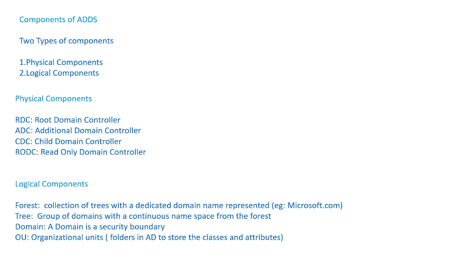Okay, here when I say forest, forest means a collection of trees with a dedicated namespace. Say for example, I was talking about Microsoft.com, and you have India.microsoft.com, and you have USA.microsoft.com, and you have Australia.microsoft.com.